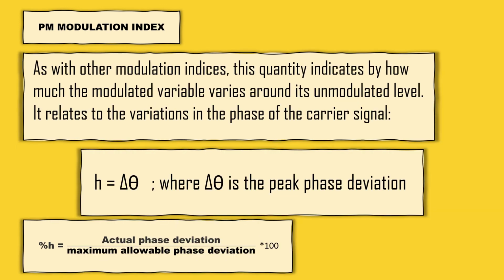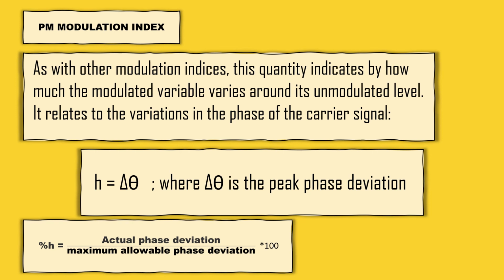So for the modulation index of phase modulation, as with other modulation indices, this quantity indicates by how much the modulated variable varies around its unmodulated level. It relates to the variations in the phase of the carrier signal.